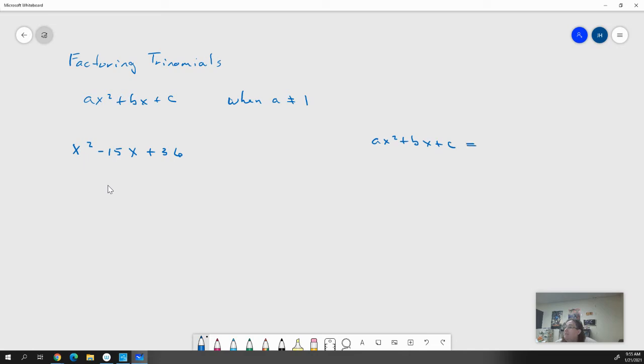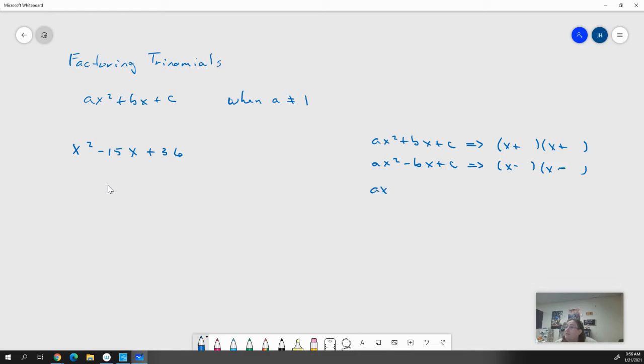And we would know that these factors would be x plus something times x plus something else. And then if we had ax squared minus bx plus c, I'm going through this quick because it was in your Edpuzzle and your notes. We would have x minus something times x minus something else, right? This is what your factors would look like.